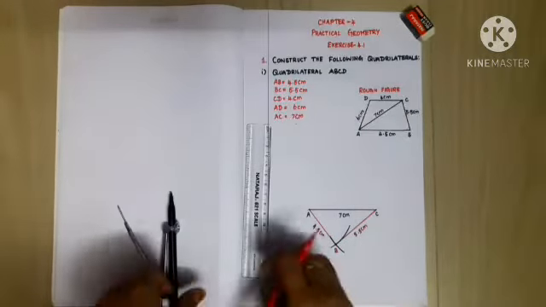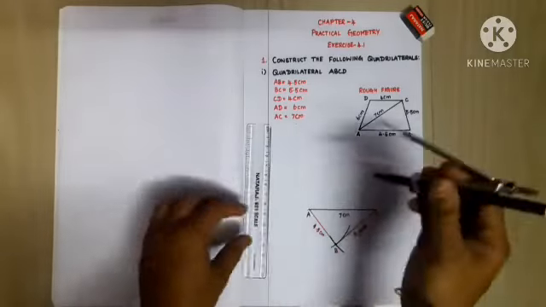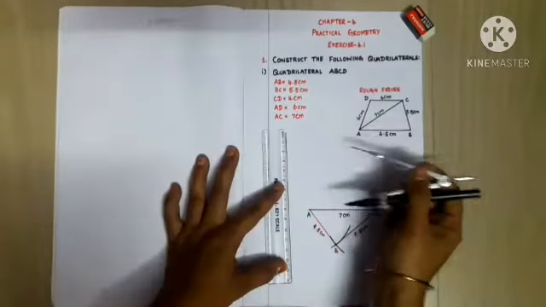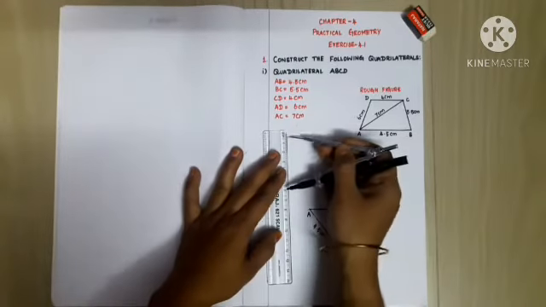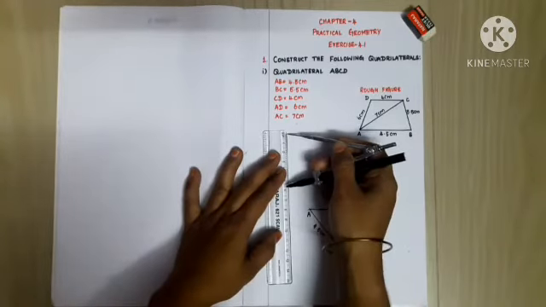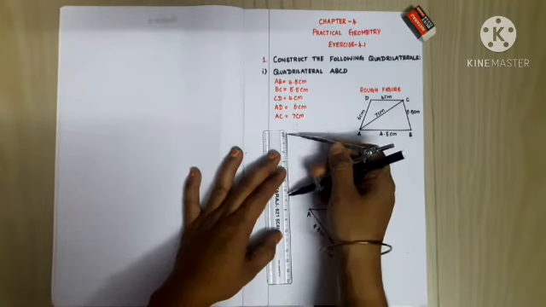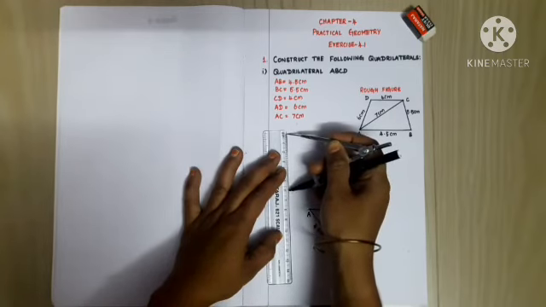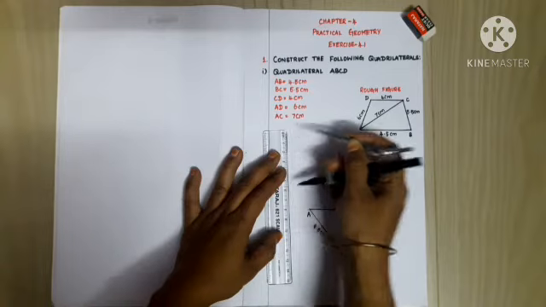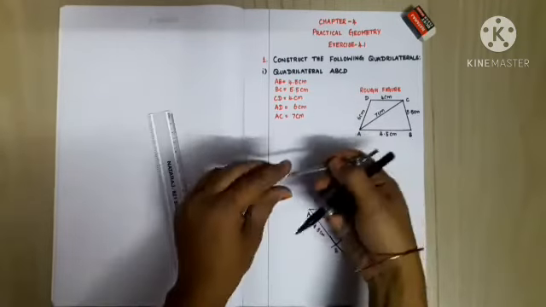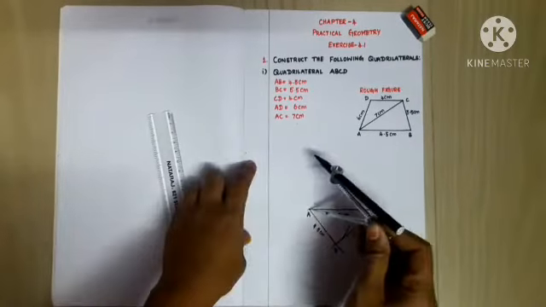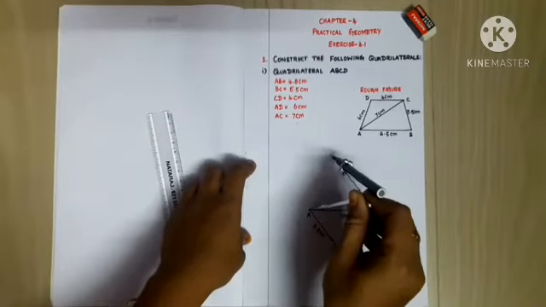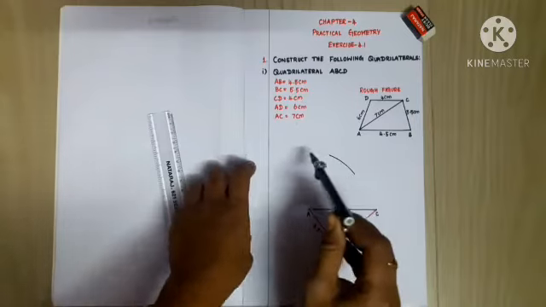Again I am going to choose the measurement of 6 centimeter in the compass, so keep the needle at 0, extend the pencil tip till 6 centimeter. Yes, 6 centimeter I am having, so keep the needle at A and we are going to find the D point.